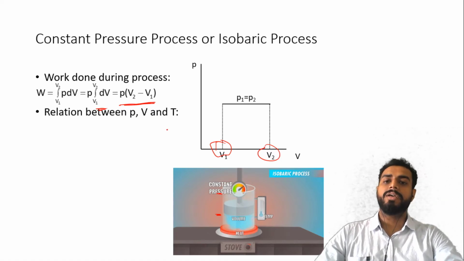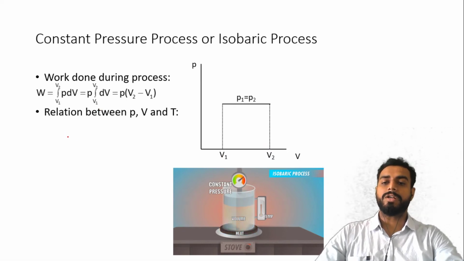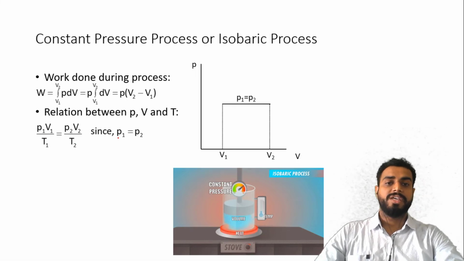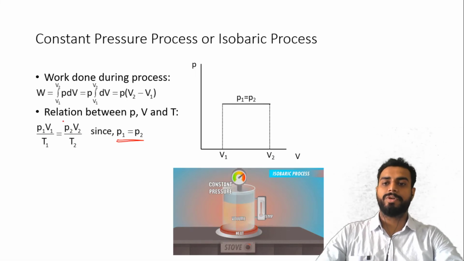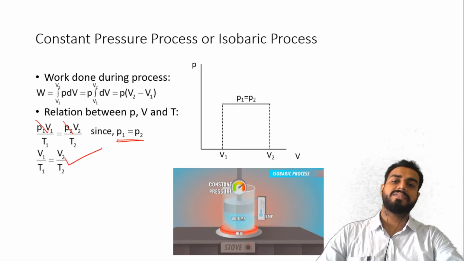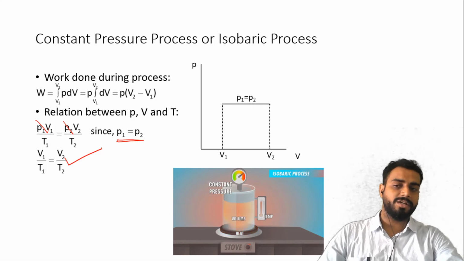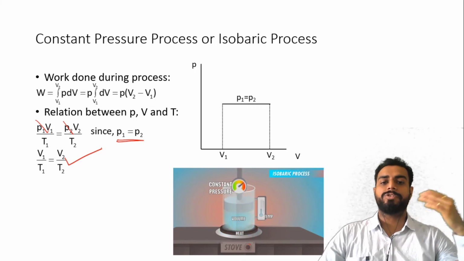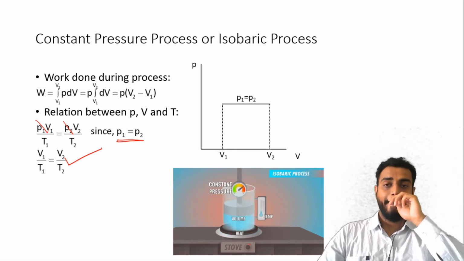Next will be the relation between P, V, and T. You can write P1V1 by T1 is equal to P2V2 by T2. Now here P1 and P2 are the same, so you can cancel them. What we are left with is V1 by T1 is equal to V2 by T2. This is the relation between pressure, volume and temperature: volume is proportional to temperature when the pressure is constant.